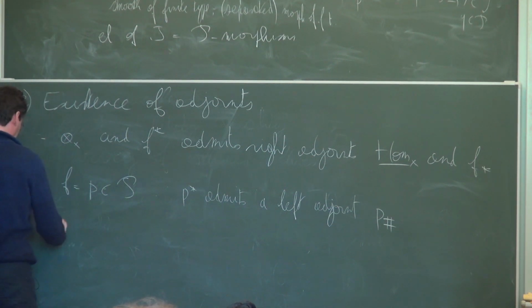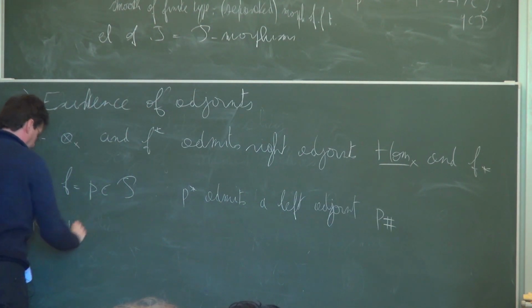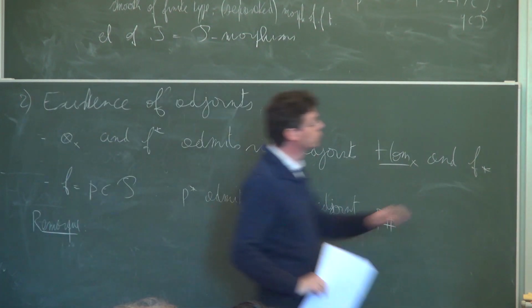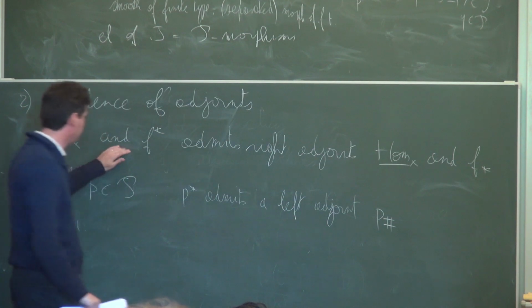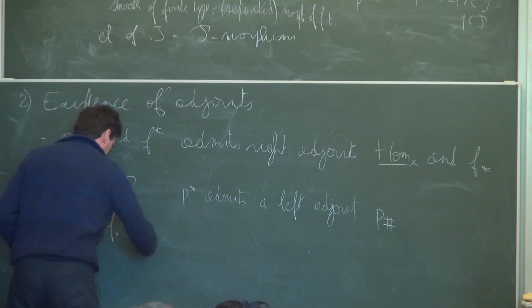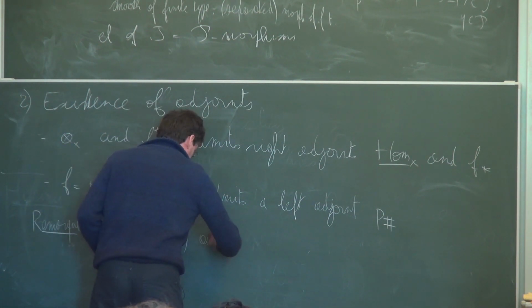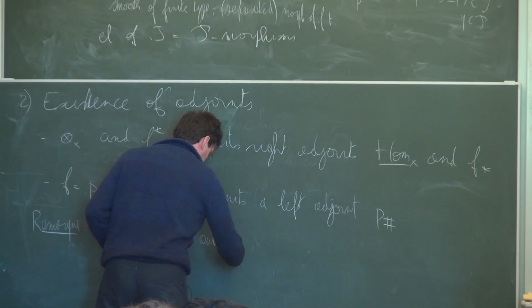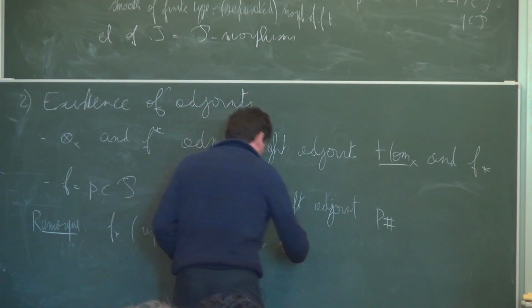So the remark is that the fact that we have a structure of pseudo-functor upper star and these adjunction properties implies that f lower star and p lower sharp automatically define covariant pseudo-functors.